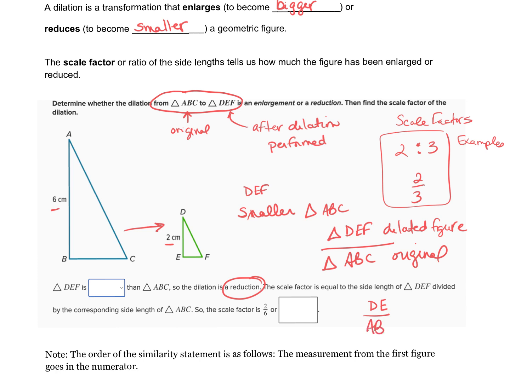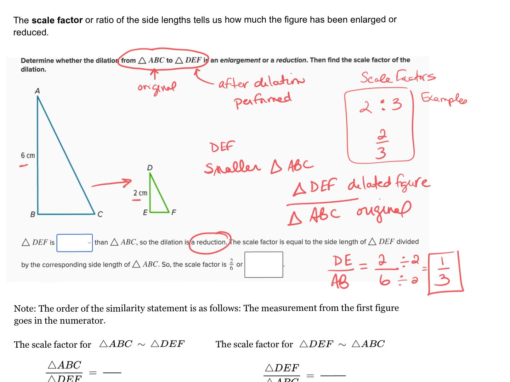AB is the original. So plug in my values for DE, which is 2, AB is 6. So when I reduce, just like slope, we have to reduce our scale factors to simplest form. And both 2 and 6 are divisible by 2, giving me a scale factor of 1/3, or if I was to write it as a ratio, 1:3.